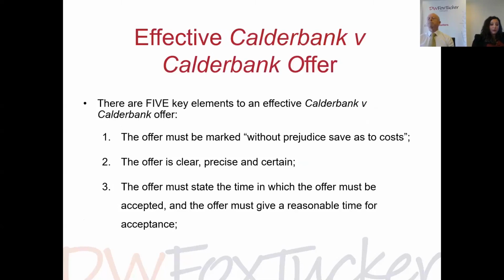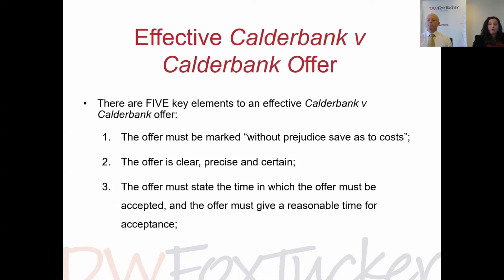I'd like to first delve into the elements of an effective offer. The regime that's set out in the rules makes it very clear how to make a formal offer. In relation to a Calderbank offer, it's very important to make sure that your Calderbank offer is effective.